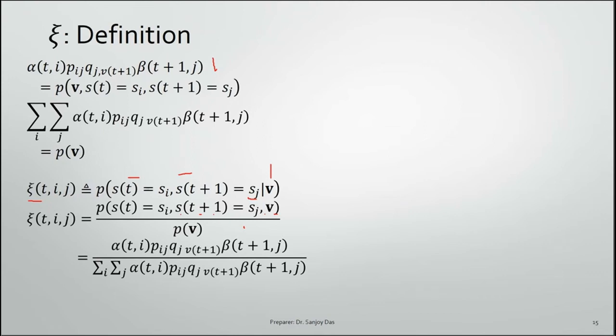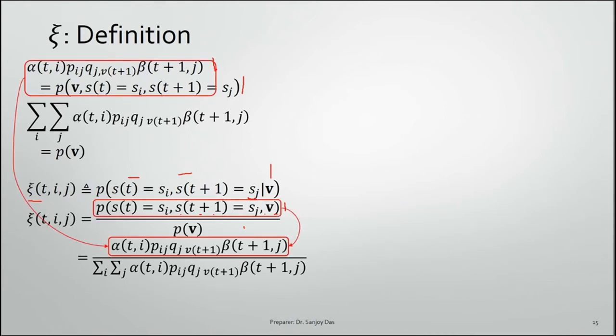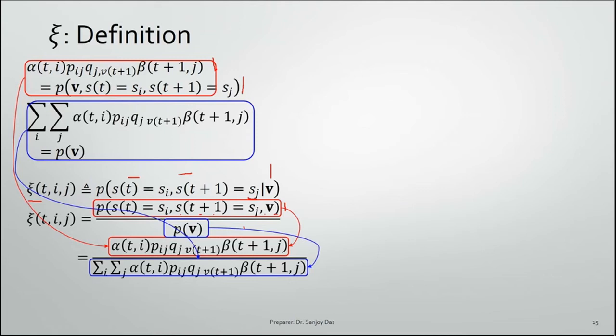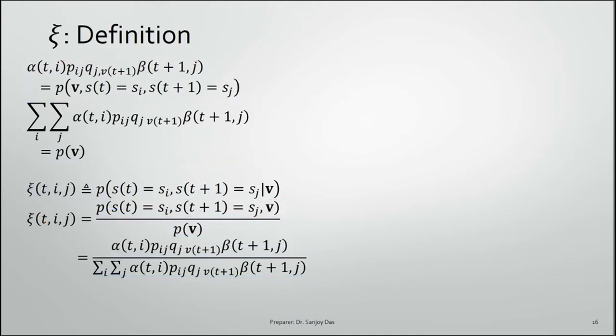How? Because the numerator here of Zeta t(i,j) is this product, and the denominator is this double summation, which is P(V). So this is the definition of Zeta t(i,j).